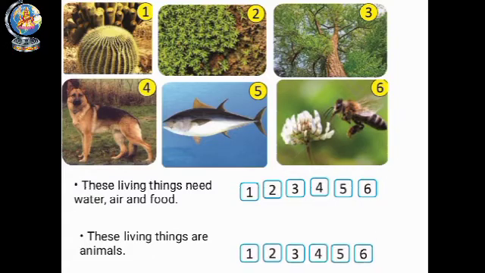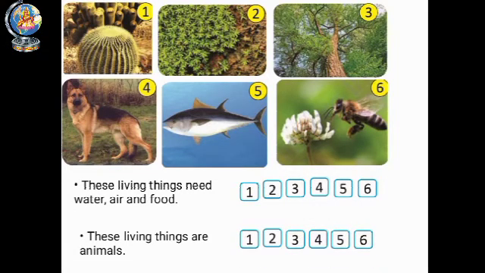These living things are animals. Now from 1 to 6, which living things are animals? A number which is not an animal will disappear, right? So just keep that in your mind. Which numbers are not animals, those numbers will disappear. See, get it? So 4, 5 and 6 are animals. Okay, let's see the next.